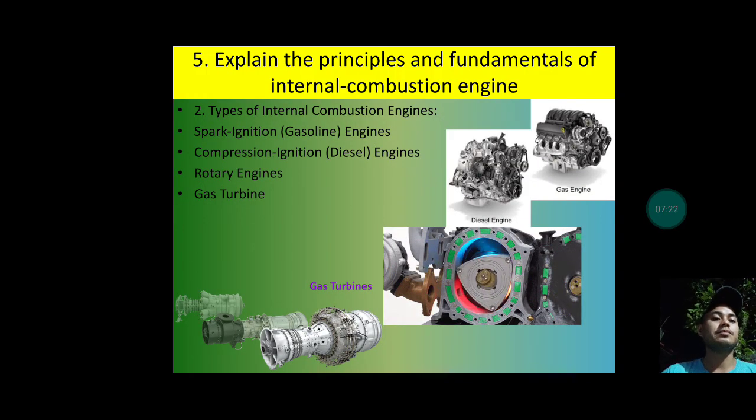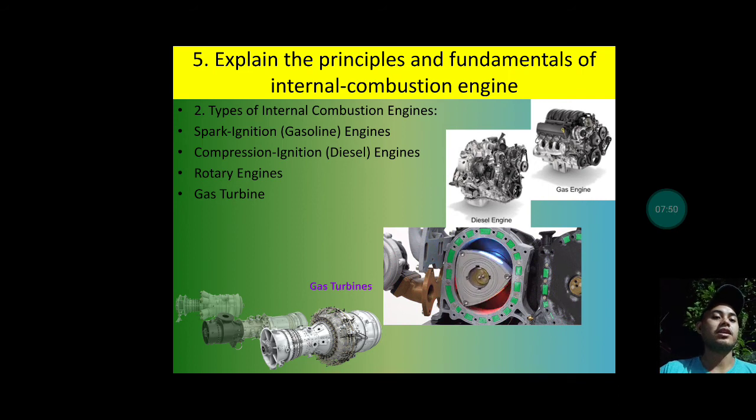Okay, so there are types of internal combustion engines. First, we have the spark ignition gasoline engines, made using the Otto cycle. We also have the compression ignition engines by Rudolf Diesel, also called the diesel engines. And we also have rotary engines, like the one rotating in our slide.